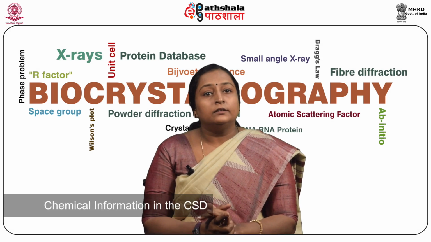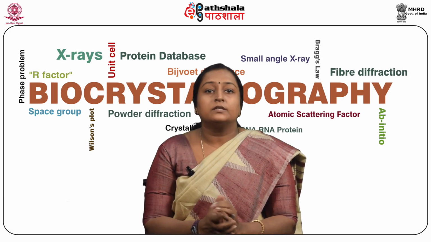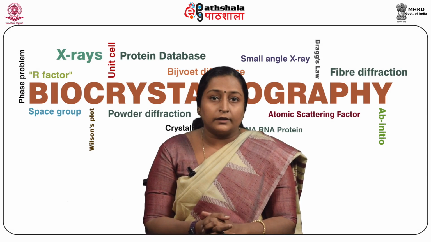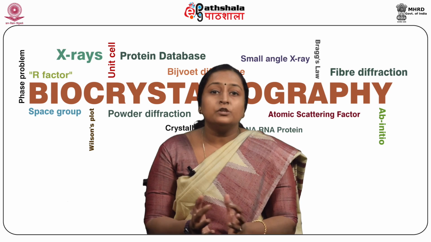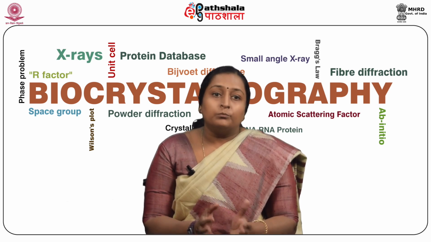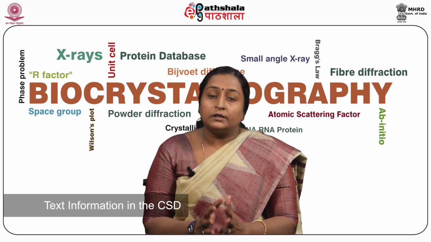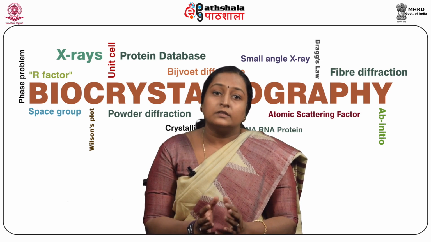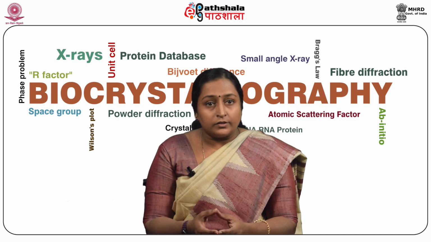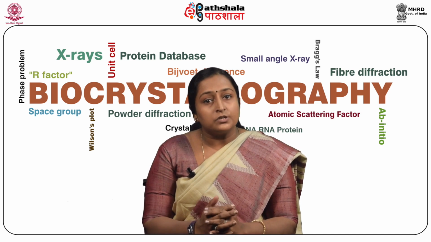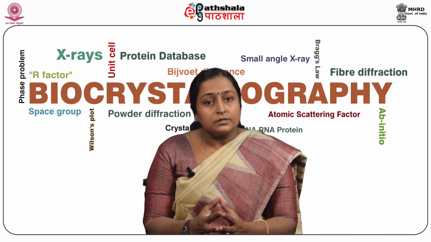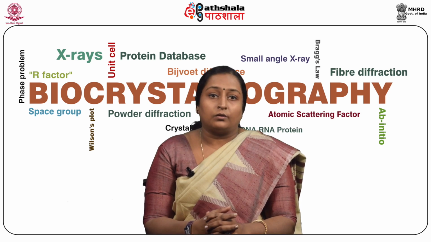The following are the different information that is available in the CSD, like the compound name, chemical formula, chemical diagram, the property, the absolute configuration, the conformers, isomers, etc. Moving on to the text information, it contains details about the disorders, whether any are present, the residual errors, the non-standard experimental conditions, and also about the polymorphism and so on.